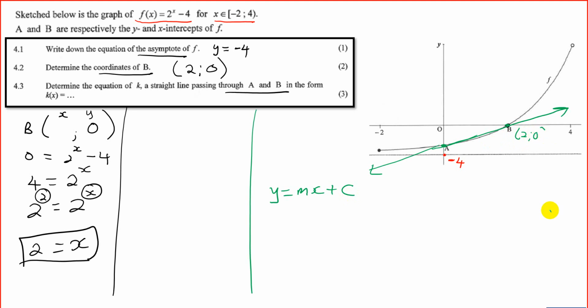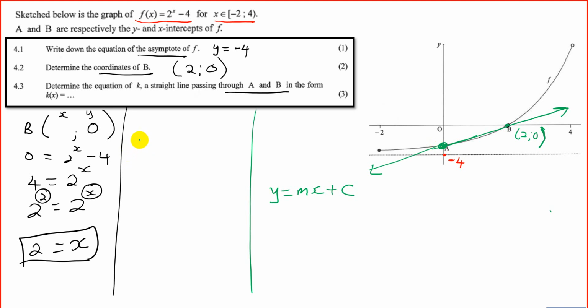Now A is the y-intercept of both the straight line and the exponential equation. So to find a y-intercept, we'll let x be 0.